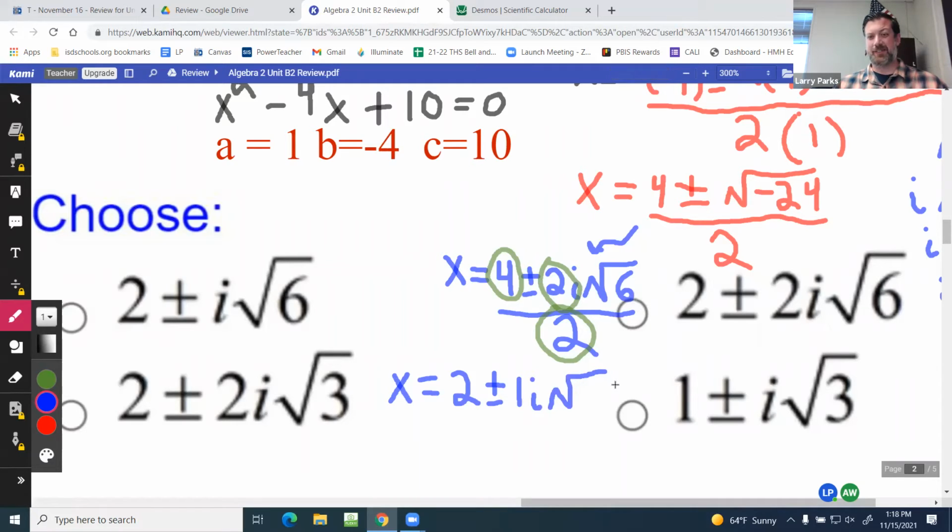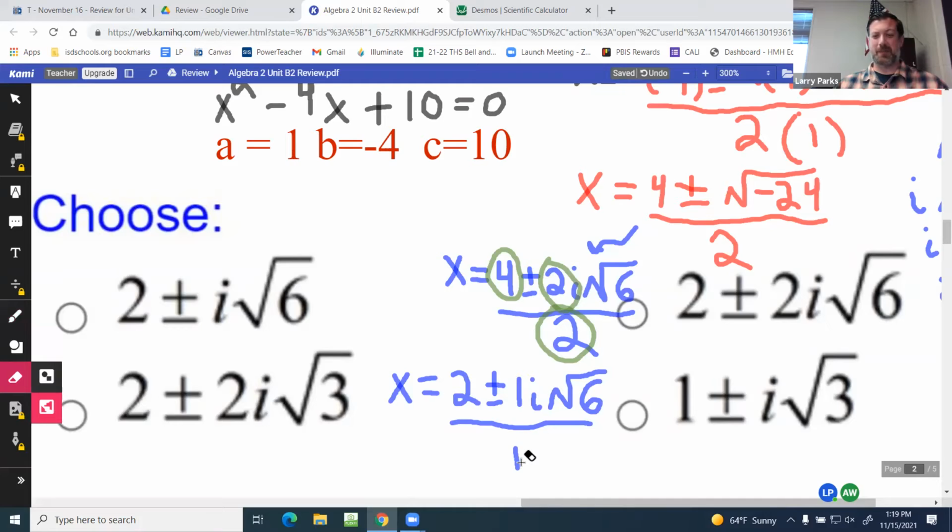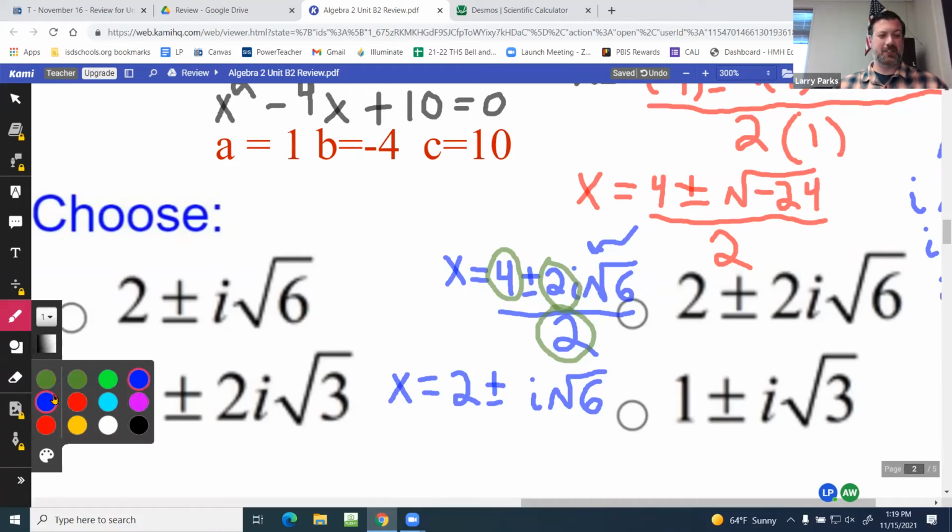And notice I do not divide the 6 by 2. And then 2 divided by 2 is 1. Now, you don't really need this one here because divide by 1 doesn't really do anything. And you don't need this one here because 1i is the same thing as i. So what's the answer? The answer is right here.